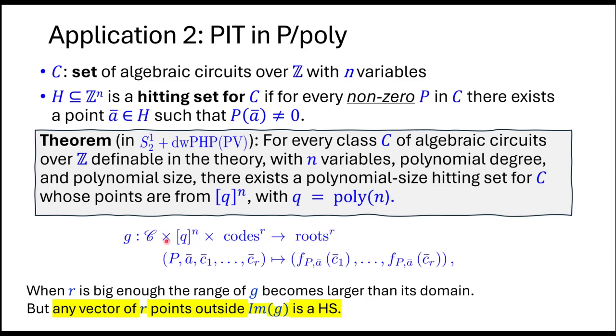Now, how are we going to define it? That's just the domain and range. The definition is that C here is some encoding of an algebraic circuit computing some polynomial P. And then A here is what we've denoted before by B, the potential non-root.